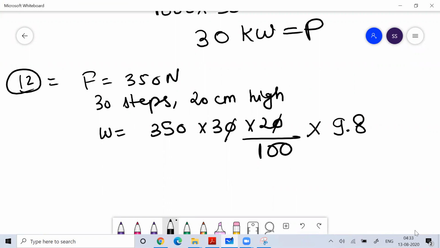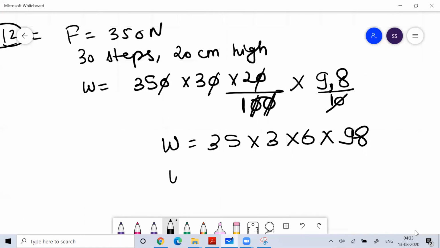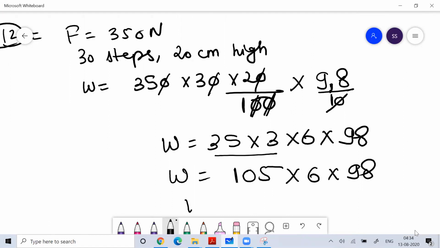So these zeros will all get cancelled. This 9 I can write as 90, this 98 by 10. So work done would be 35 into 3 into 2 into 98. 35 into 3 is 105, into 6 into 98. 6 fives are 30, so this is 630 into 98.